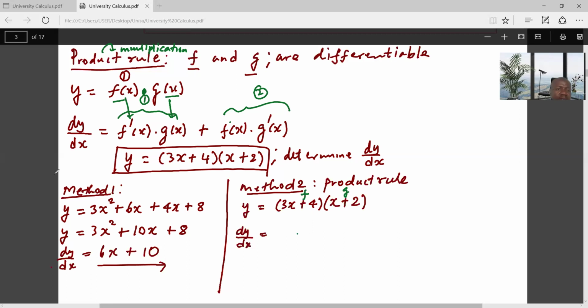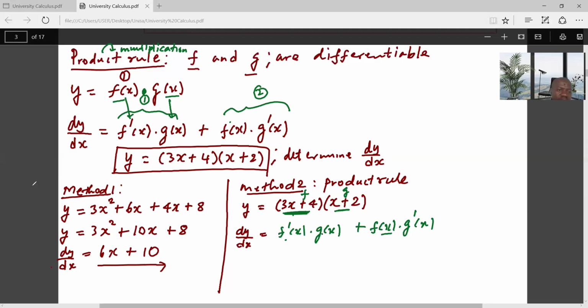What must we do here? We take the first function and differentiate it, then we leave the second one. Plus, the first one we no longer differentiate, now we differentiate the second one. Let me repeat: differentiate the first one, leave the second one, then leave the first one, differentiate the second one.